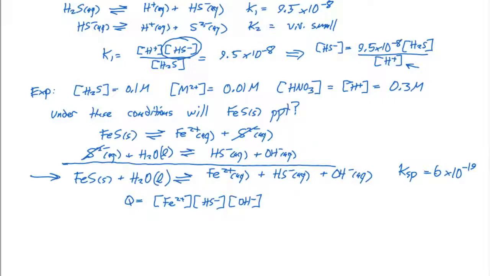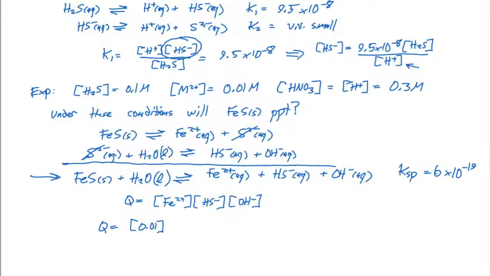So if we wanted to set up this expression here, our Q is going to equal the iron 2+ concentration, which is given in this case to be 0.01.